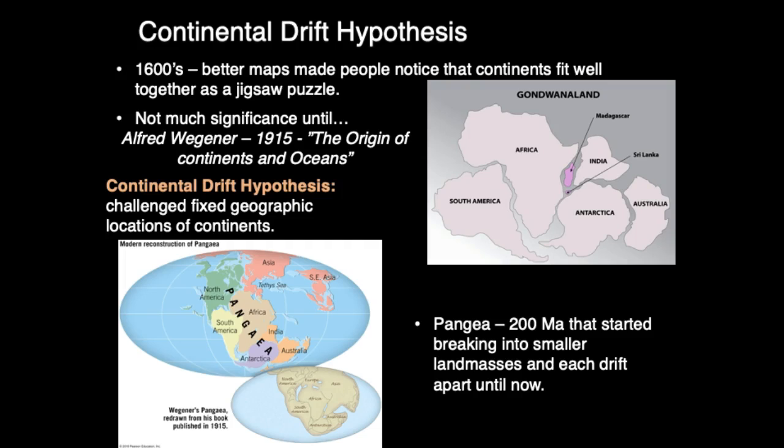Wegener hypothesized that Pangaea began to fragment into smaller pieces about 200 million years ago, in the Mesozoic era, and these pieces began to drift away from each other until they reached their current position as we know them today. You're seeing there the image on the bottom left, the recreation of Pangaea as we think of it, and then below you see the drawing of Wegener as he pictured how Pangaea was.